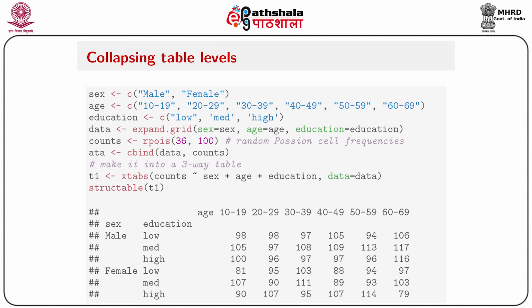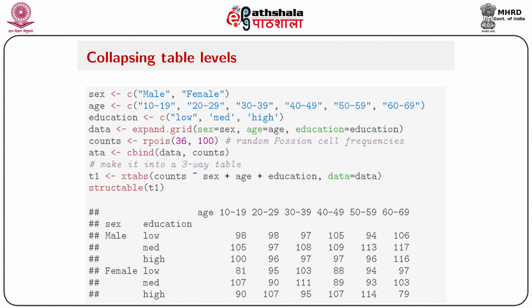The collapse.table function can be used for this, and it is available in the vcdExtra package. I'm just using this example: create a 3-way table and collapse age from 10 years to 20 years intervals. First, we generate 2x6x3 tables of random counts from a Poisson distribution with mean of 100.